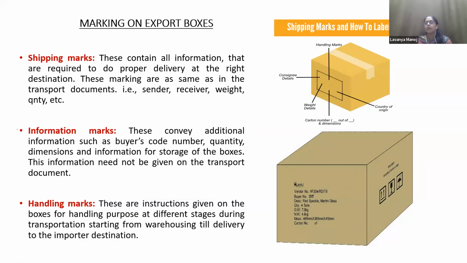And then there is an umbrella, so we should safeguard the package from the open environment. That is, the package shouldn't be exposed to direct sunlight or direct rain. So these are the handling marks, showing how to handle the product.